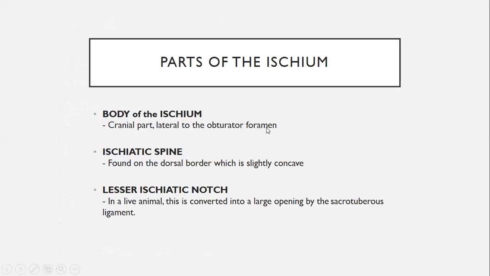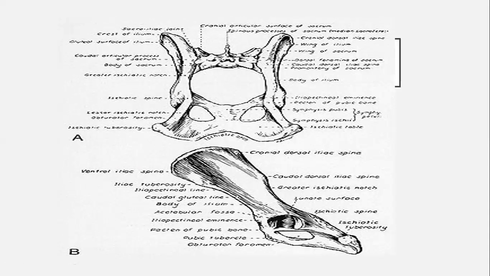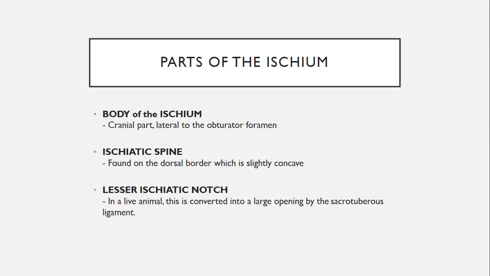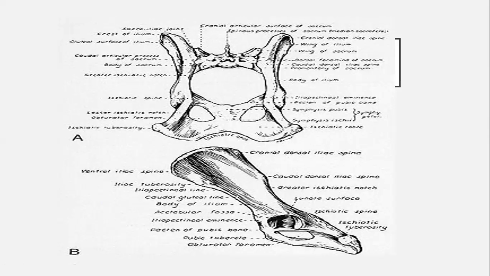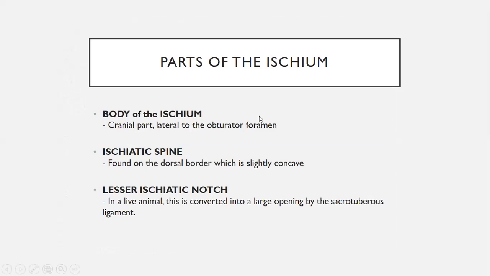So the body of the ischium is the cranial part lateral to the obturator foramen. So this is the obturator foramen. So this is the body of the ischium, lateral to the obturator foramen. The ischiatic spine is found on the dorsal border, which is slightly concave.